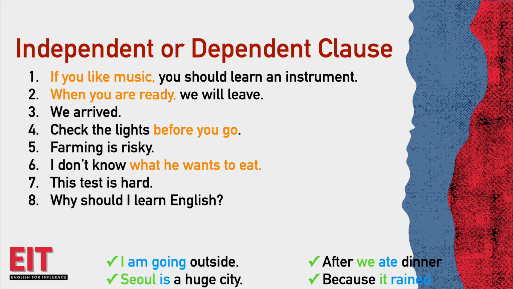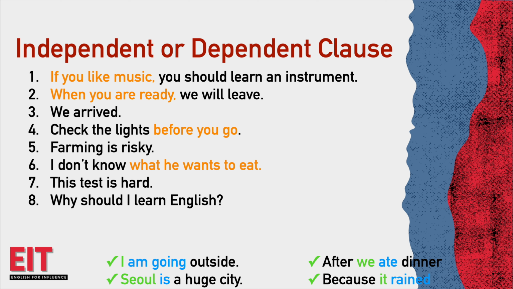Okay, that makes sense. Number 4, so before you go, check the lights. Number 6, I don't know what he wants to eat. So you can see now that these dependent clauses make complete sense only when they are attached to an independent clause.